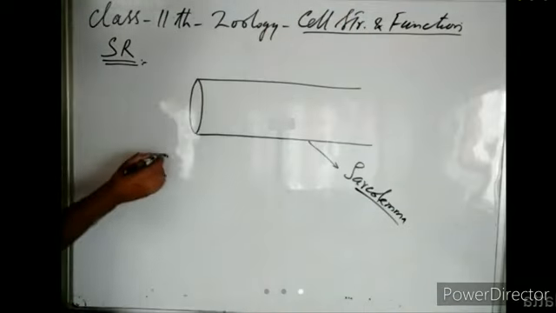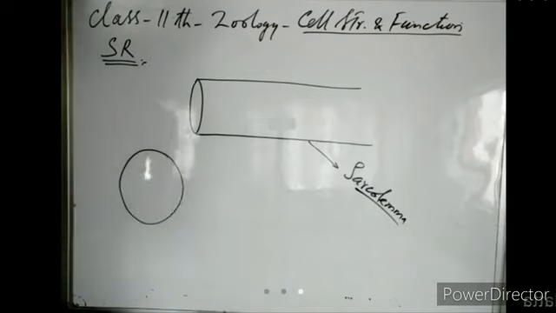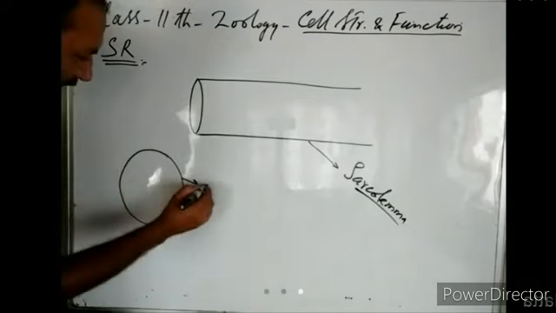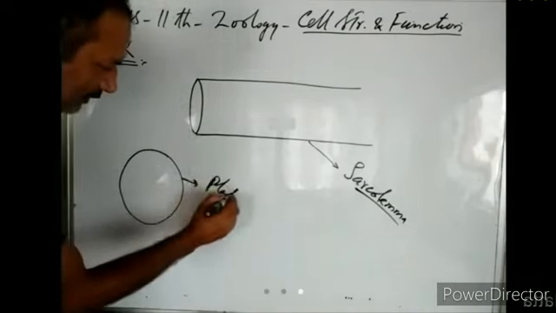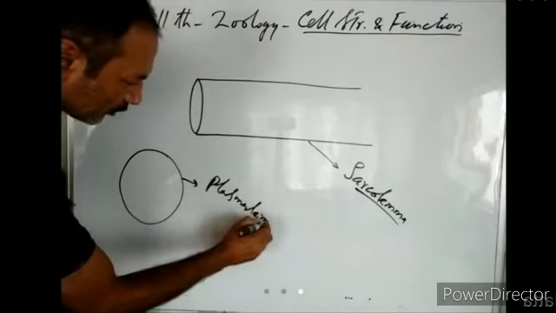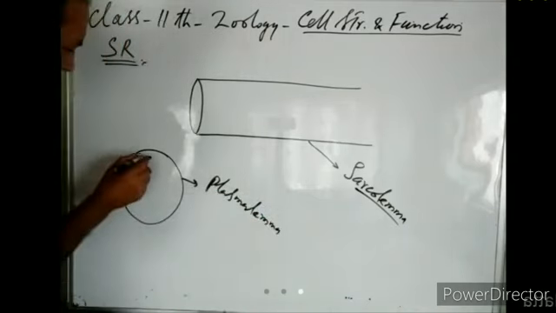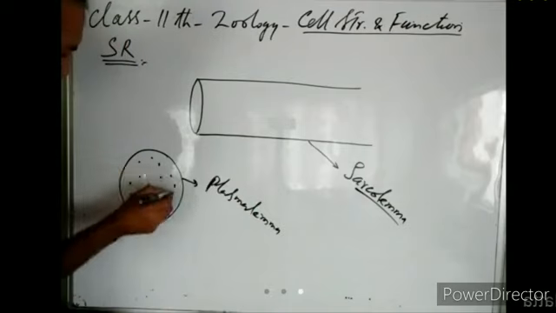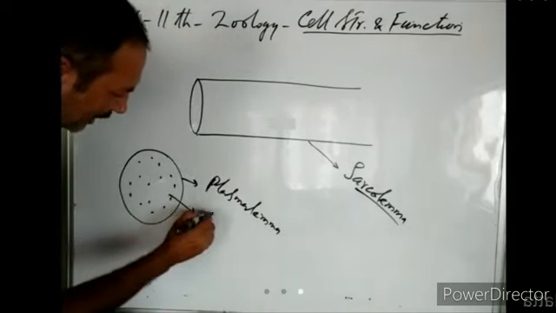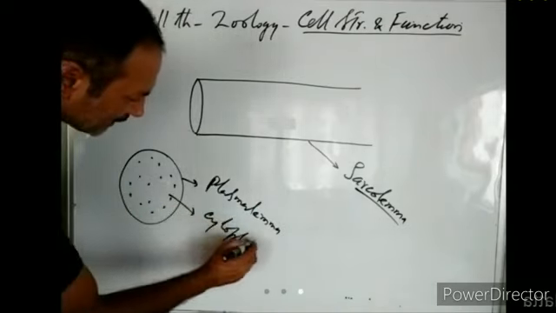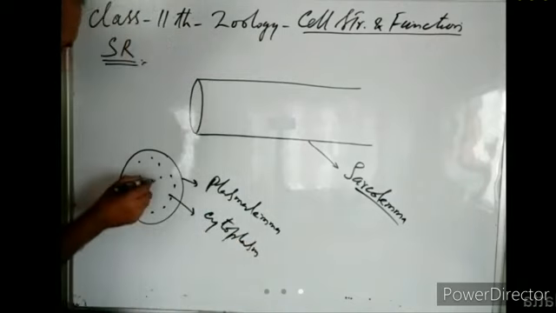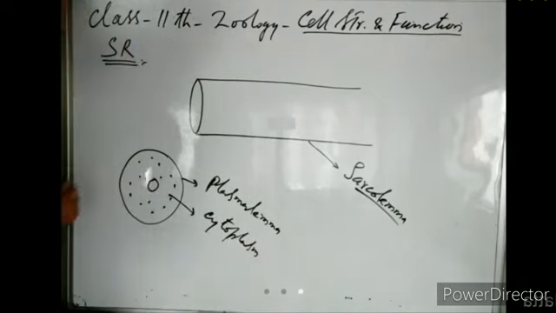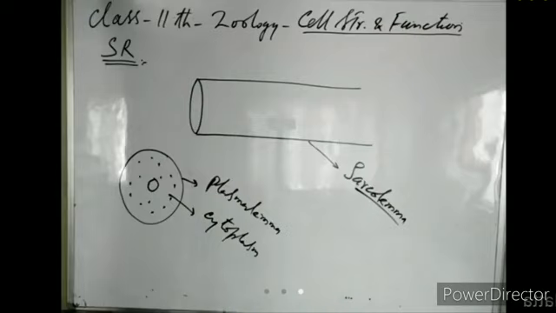If this is a typical animal cell, it is externally covered by plasmalemma. What is present inside the plasmalemma? Inside the plasmalemma, there is cytoplasm, and we find a nucleus in the endoplasm.